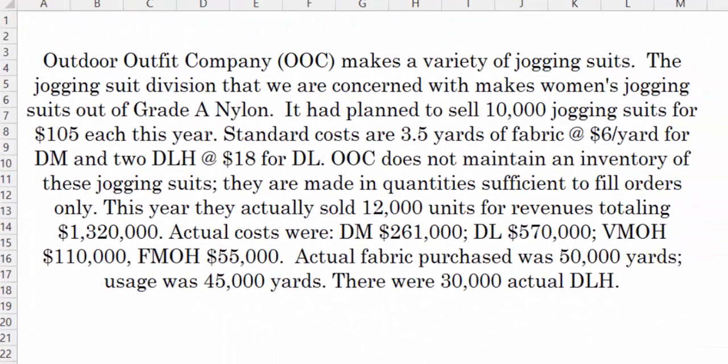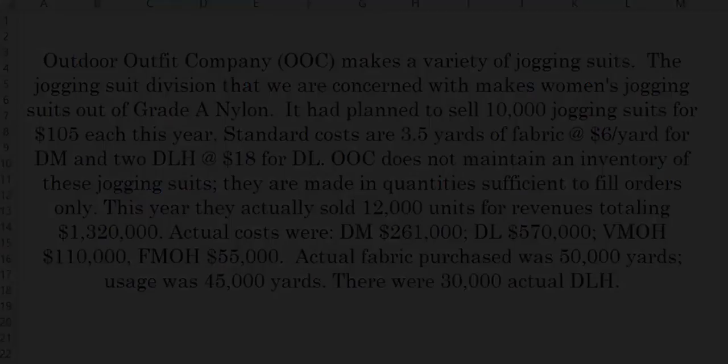We can go back to the vignette to identify the key items here. Going through this vignette, we can see that we should have used 2 direct labor hours at $18 for each suit. Our actual direct labor was $570,000, and we really used 30,000 actual direct labor hours.